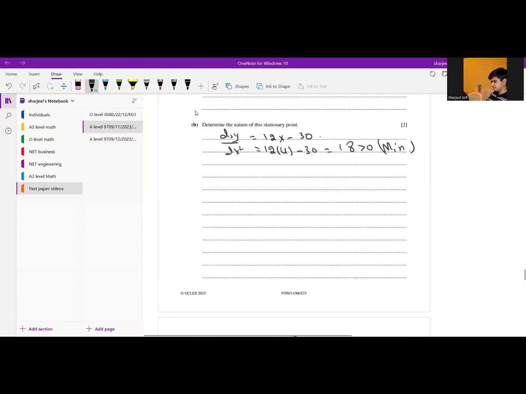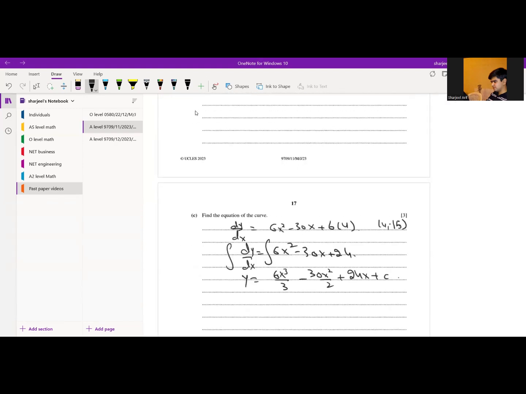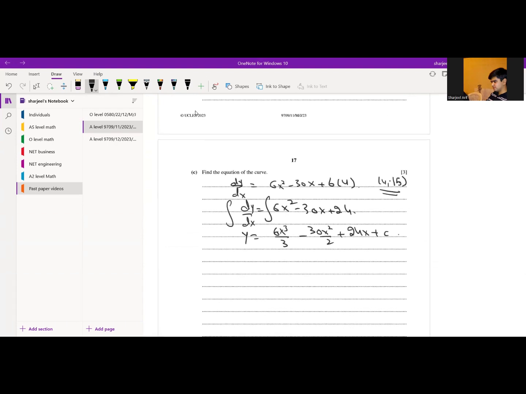That's the value of the stationary point we have. So minus 15 will be 2 into 4 cube, minus 15 into 4 square, plus 24 into 4 plus c. So you will get c equals 1, and the equation of the curve will be 2x cubed minus 15x squared plus 24x plus 1.